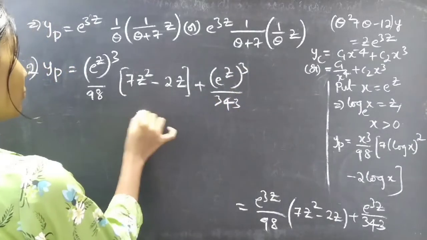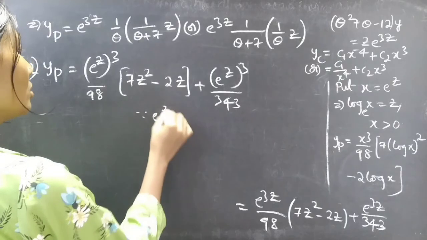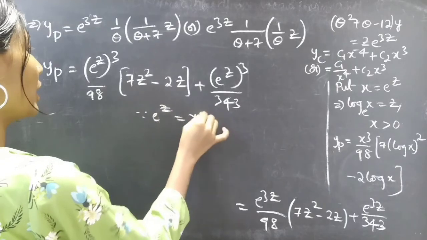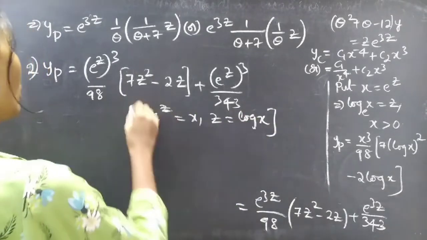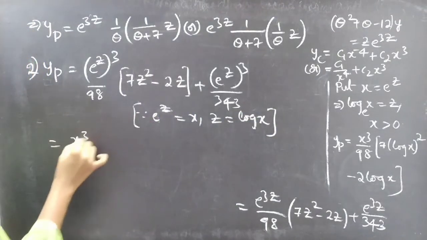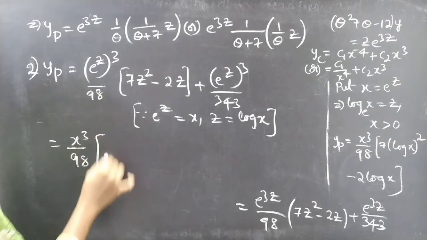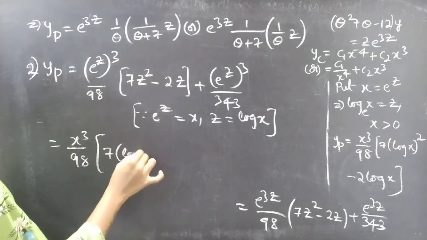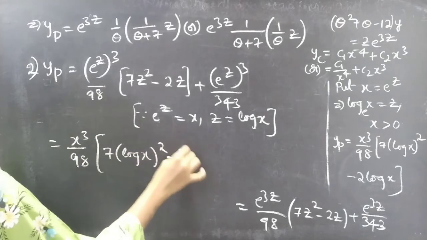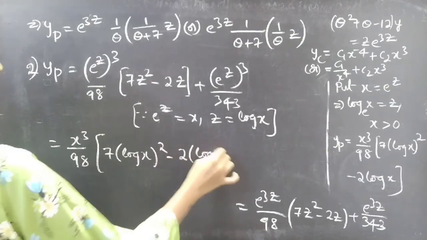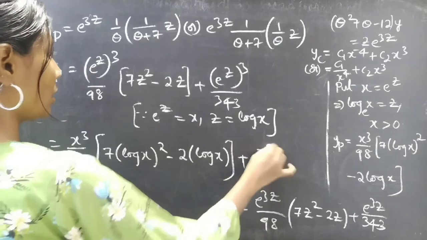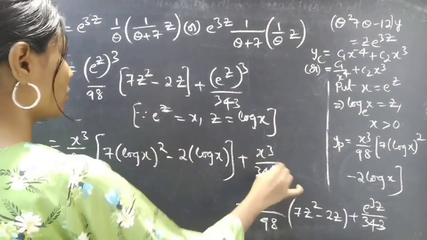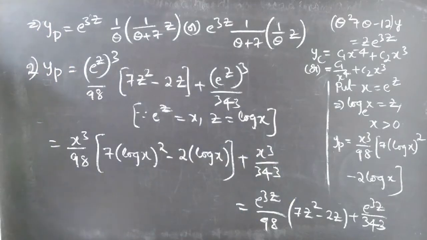Now replace e power z by x and z by log x. Then yp becomes x cubed by 98 into 7 (log x) whole square minus 2 log x plus x cubed by 343.